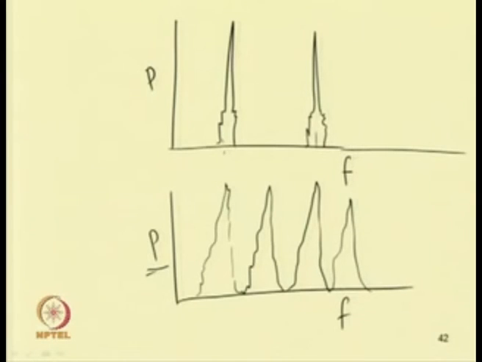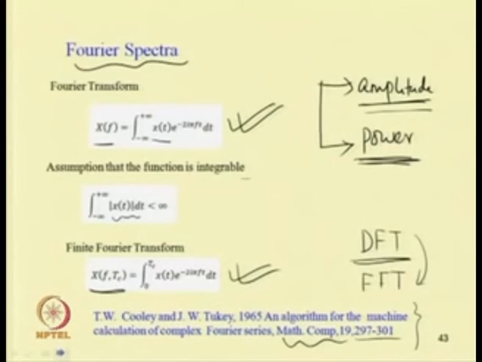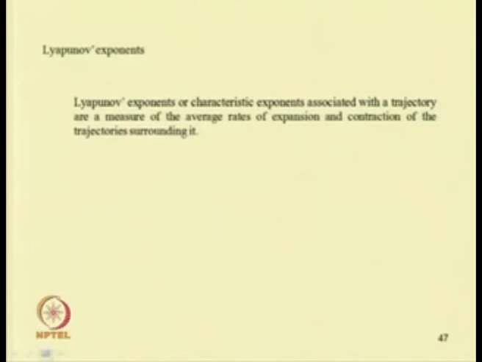For example, one can go for the Lyapunov exponent method. By using the Lyapunov exponent method, one can find whether the response is chaotic, periodic or fixed point. The Lyapunov exponent or characteristic exponent associated with a trajectory is a measure of the average rate of expansion and contraction of the trajectory surrounding it.